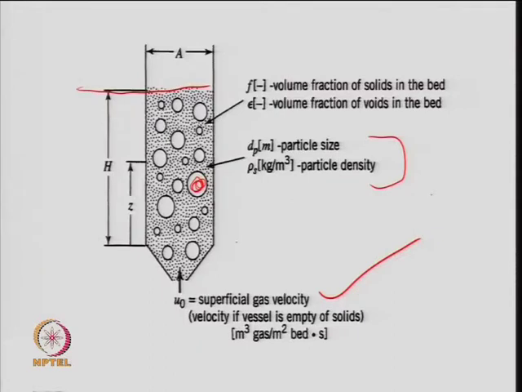Something like h f into 1 minus epsilon f, because epsilon f is the void fraction, so 1 minus epsilon f will be the solid fraction. So, h f into 1 minus epsilon f will be equal to h m f into 1 minus epsilon m f, because that is the fraction when the bed is packed. At that time the height will be smaller, right. So, the overall mass will remain the same. This is the mass balance.